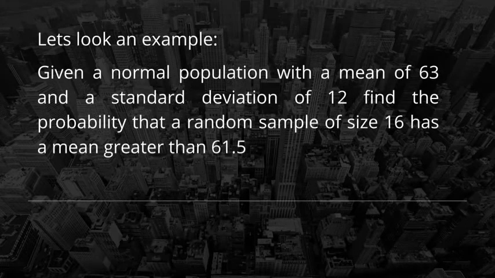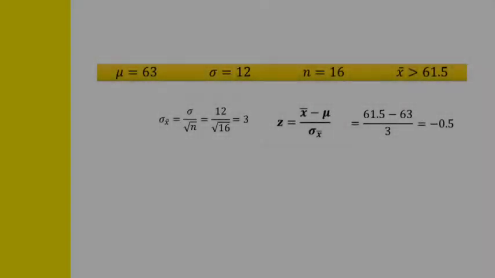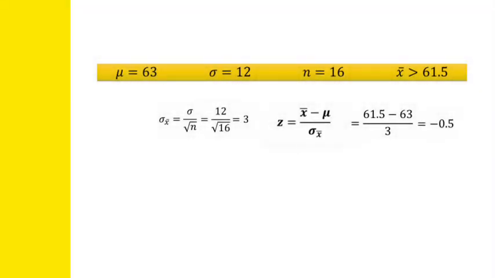Let's look at an example. Given a normal population with a mean of 63 and a standard deviation of 12, find the probability that a random sample of size 16 has a mean greater than 61.5. We have the sample here, with sample size provided, and we are finding the probability for a sample mean and not for an individual score.